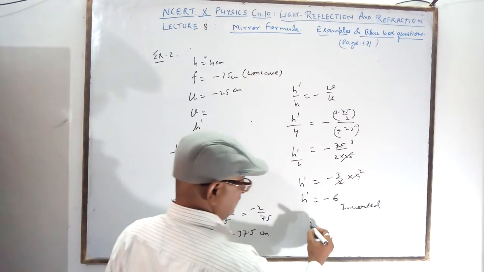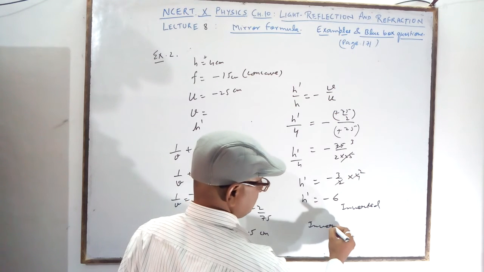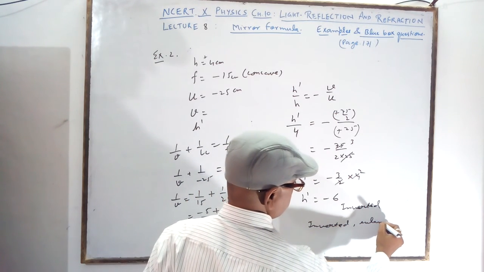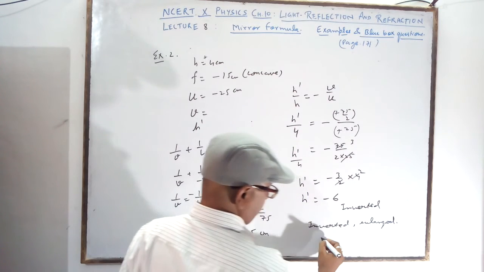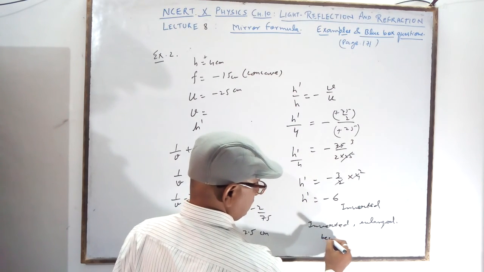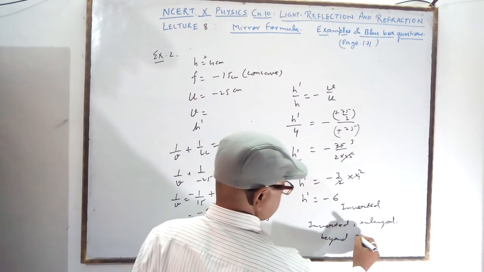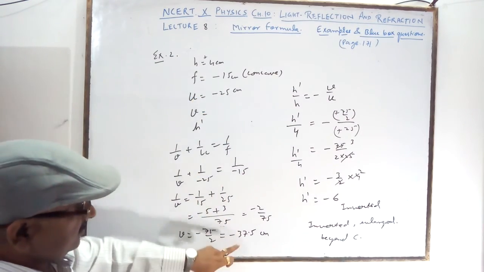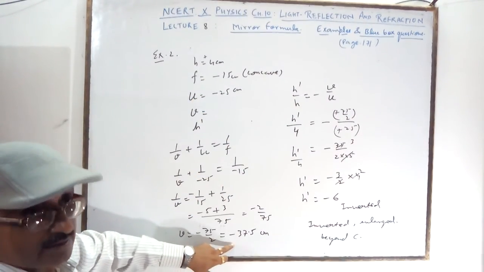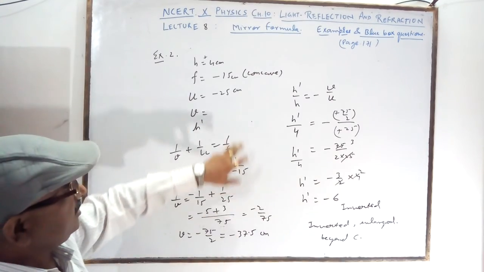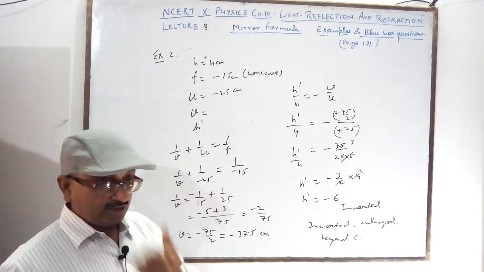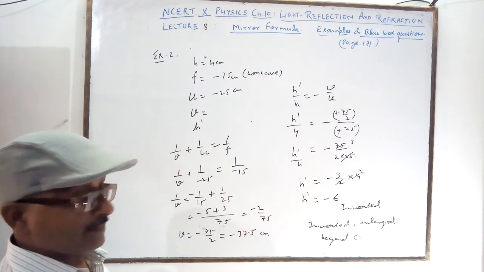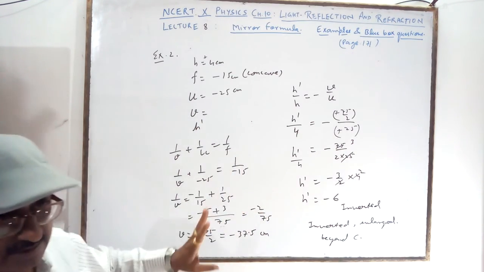So inverted, enlarged, and beyond C. Beyond C means beyond 15 to 30, and here 37.5. Beyond C you are getting this.